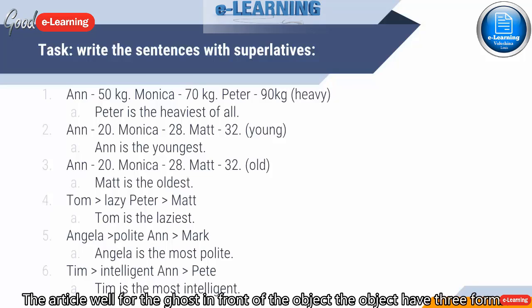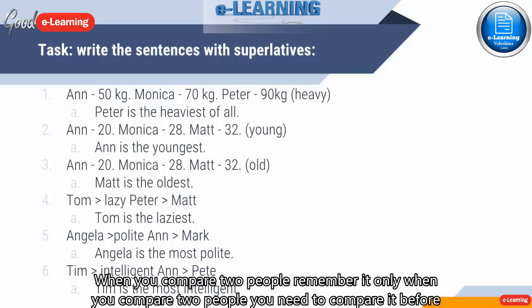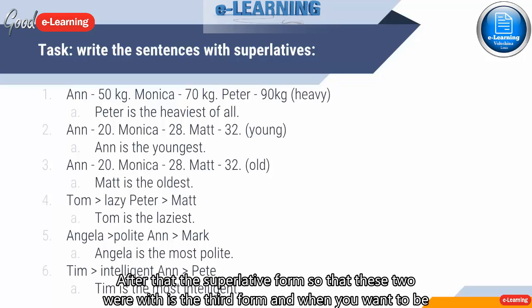Adjectives have three forms. The normal form, lazy, for example. Then the comparative form, when you compare two people, remember it this way, you need the comparative or the second form of the adjective. And after that, the superlative form. So the superlative is the third form of the adjective.